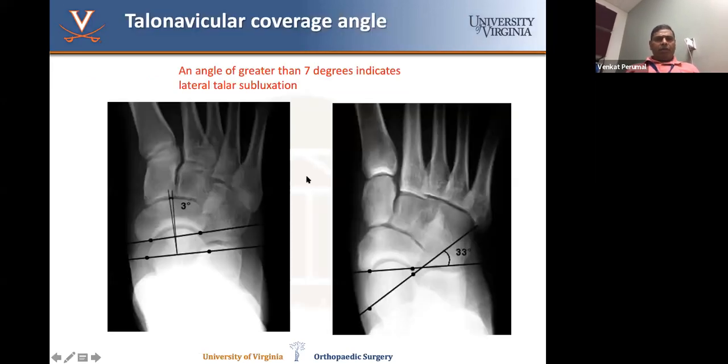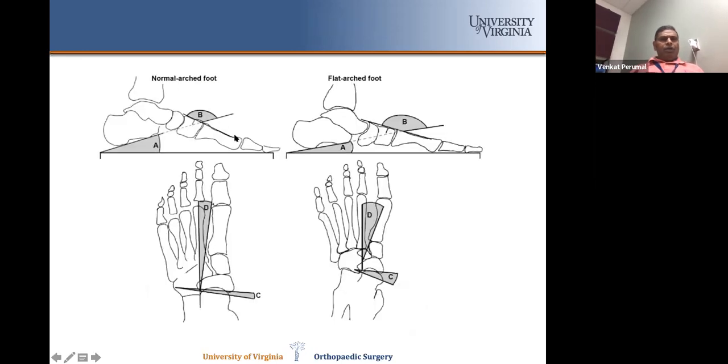Leave alone the calculation; there are multiple ways to calculate the uncovering of the talus. But on your left, there's good coverage of the talus. That's the navicular right there. On your right side, you see there is uncoverage of the talus. That's because of the abduction of the foot. So, a couple of things.